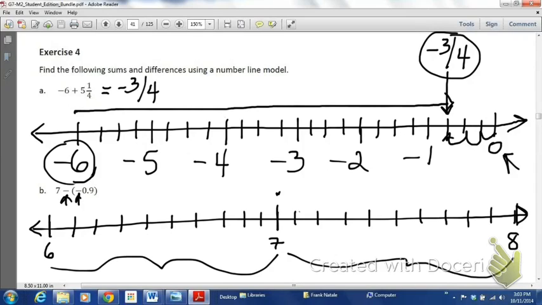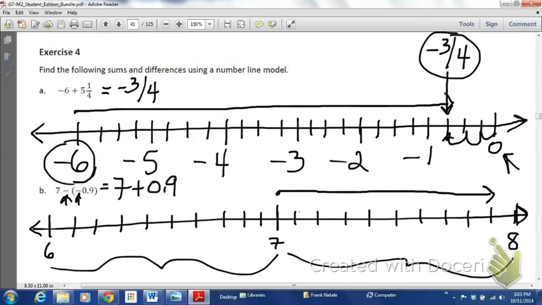So that's going to become 7 plus 0.9. Then I just go ahead and add my 0.9, and now I'm in tenths here, so I got 7.1, 2, 3, 4, 5, 6, 7, 8, 9. That's 9/10 right there.